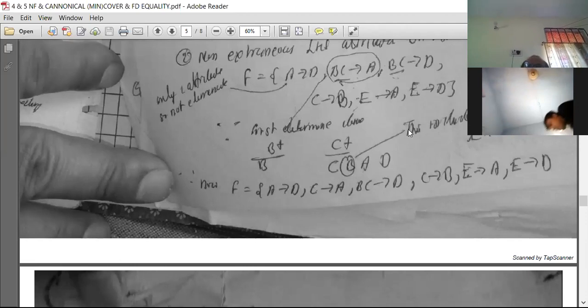That means from C we can reach B, so there is no need of B over here. So I have deleted B from here. If B comes in the C closure, then I will delete B.